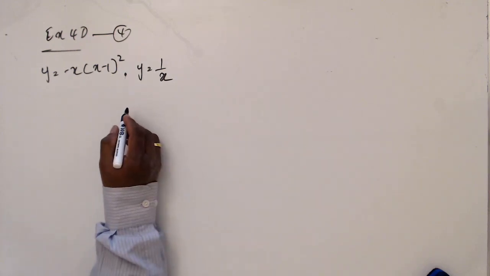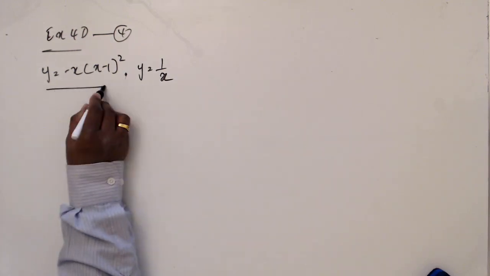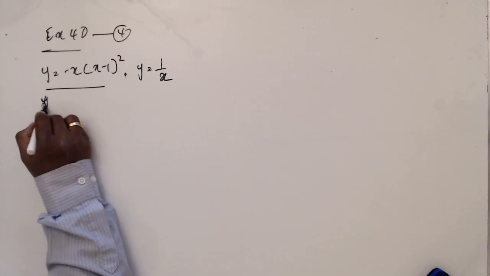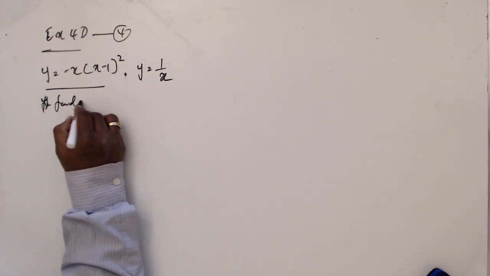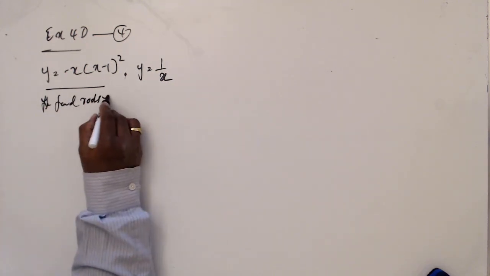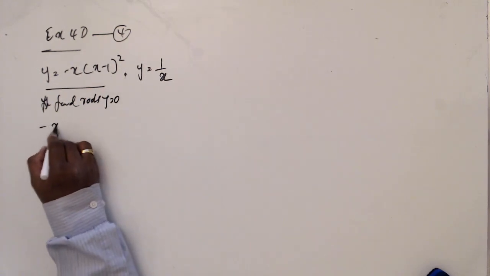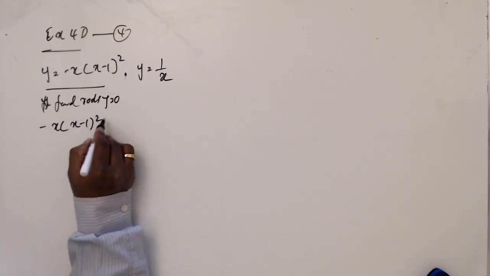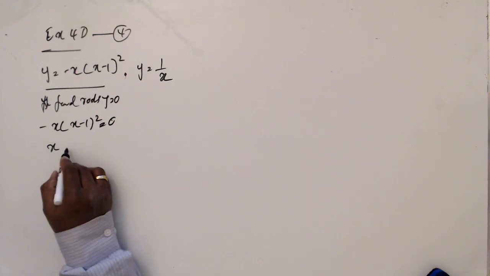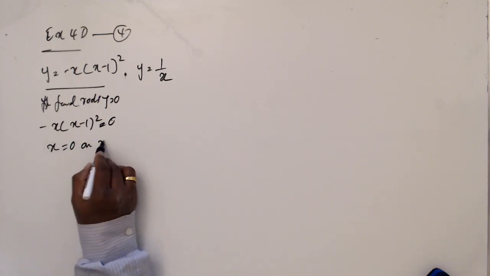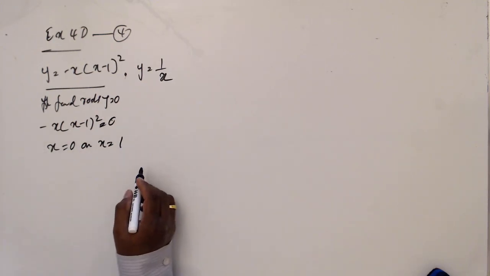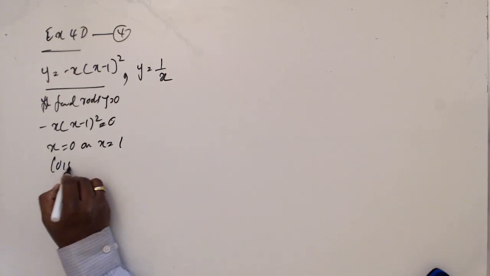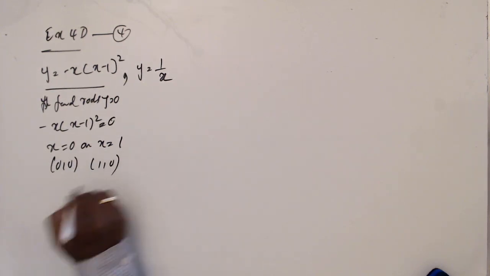Question number 4, let's discuss. So we have to sketch this one. To find roots, y equals 0: minus x times (x minus 1) squared equals 0, x equals 0 or x equals 1. Now the roots are (0, 0) and (1, 0).